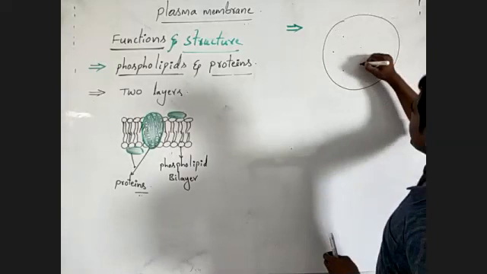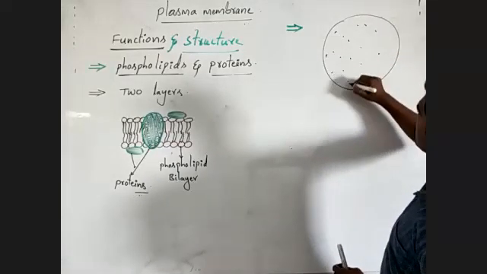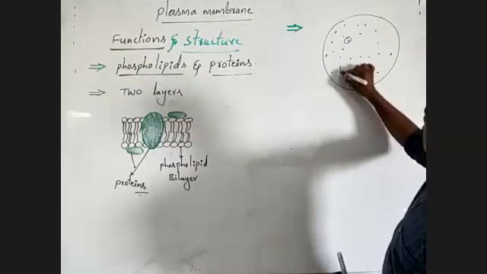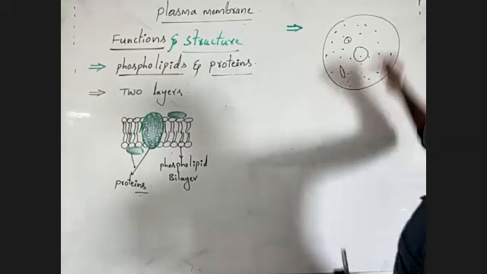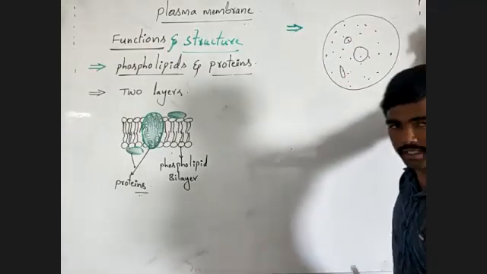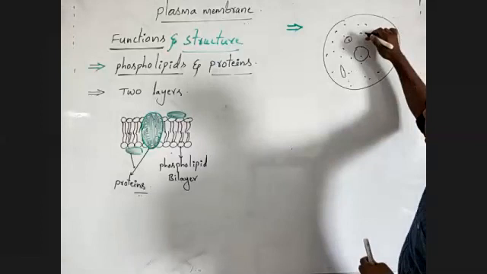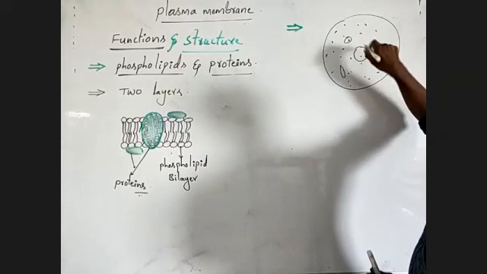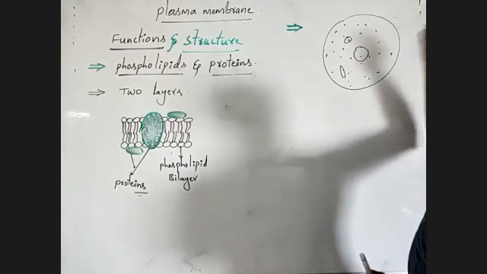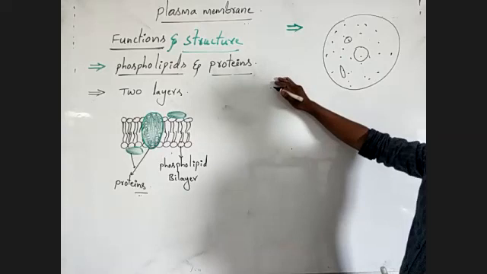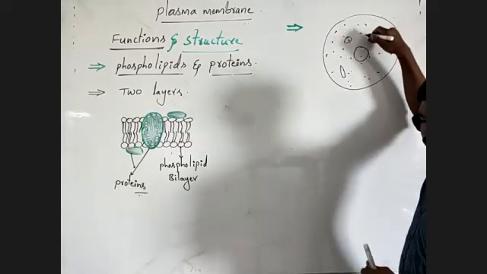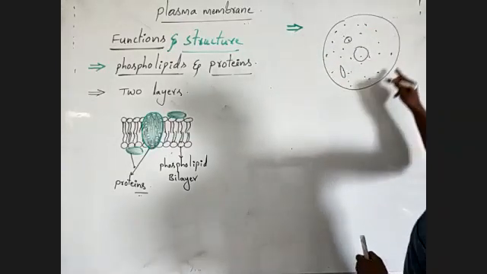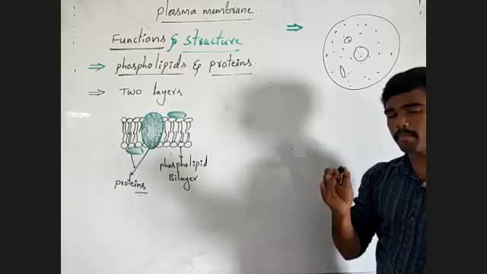Here, this is the cytoplasm and all the internal parts of the cell. This is the outer environment. This is the inner side, or internal content. Between the environment and the internal content of the cell, the plasma membrane acts like a barrier.